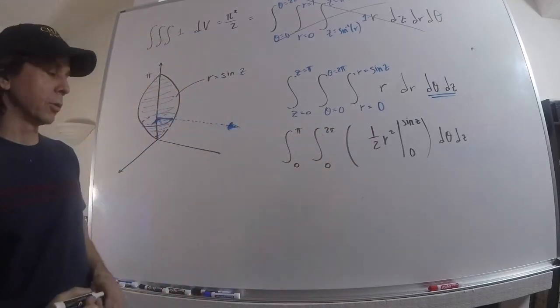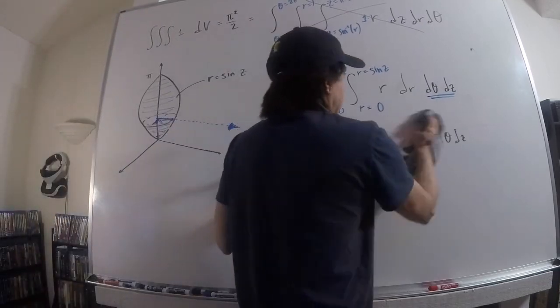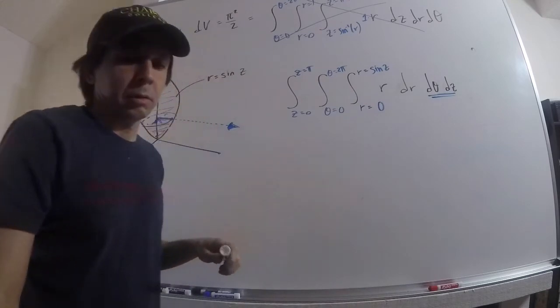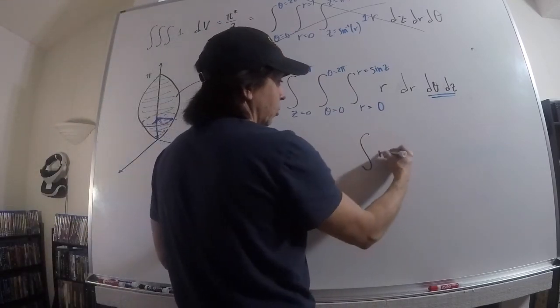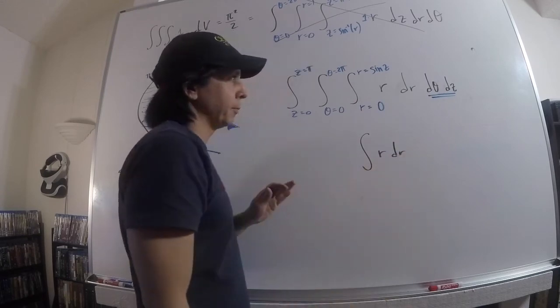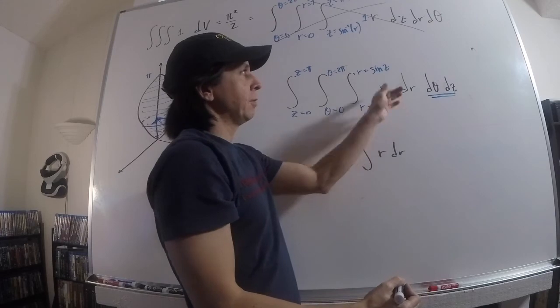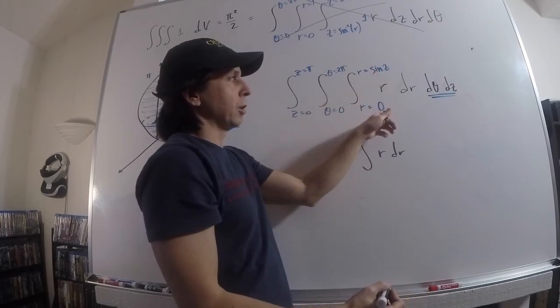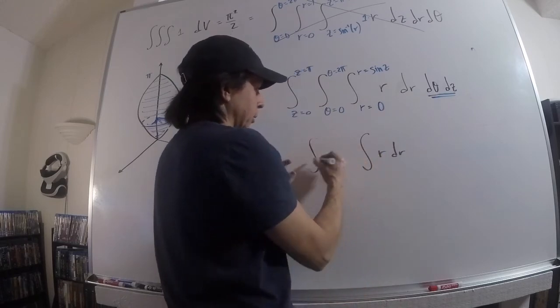By the way, let me mention something. I noticed what he likes to do: if he notices that the whole integrand will not have theta involved, even after you plug in your limits of integration, therefore it'll be a constant with respect to theta, he literally factors out the theta.